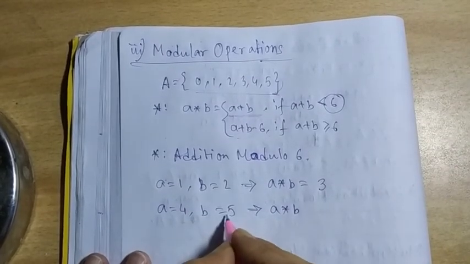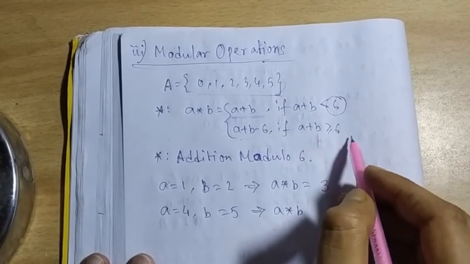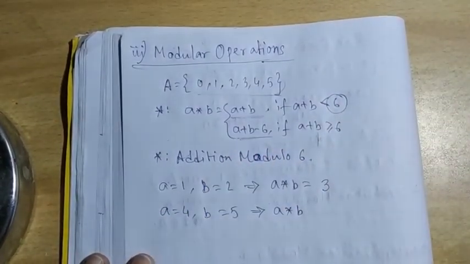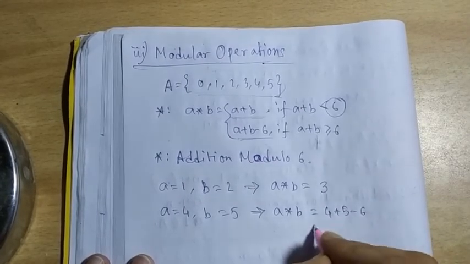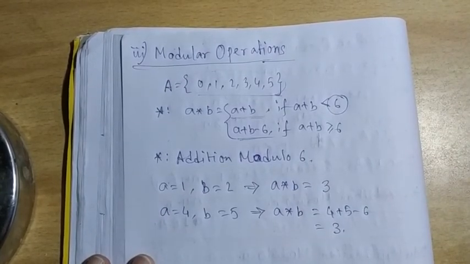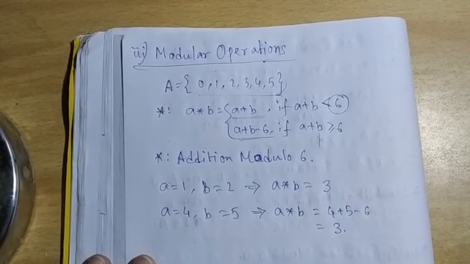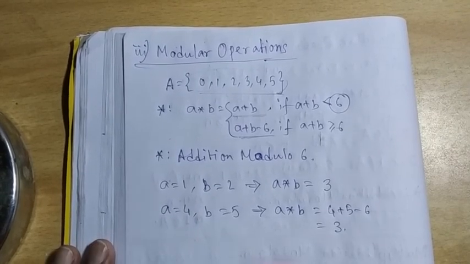Then a star b means 4 plus 5, and 4 plus 5 is greater than 6. So we have to use the second definition. That's why it will be 4 plus 5 minus 6, that means 3. Okay, so that's how addition modulo operation works. So clearly it is a binary operation.